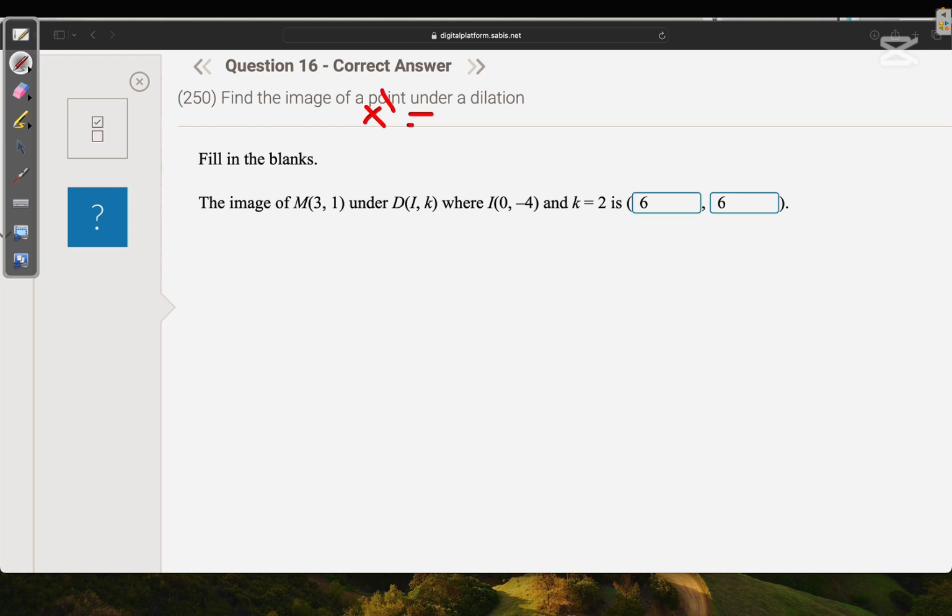X prime, when x prime is k times x, the original x, plus 1 minus k, and then xi is the x of the I in this case. So 3 times 2 plus 1 minus 2 times 0, which is 6.